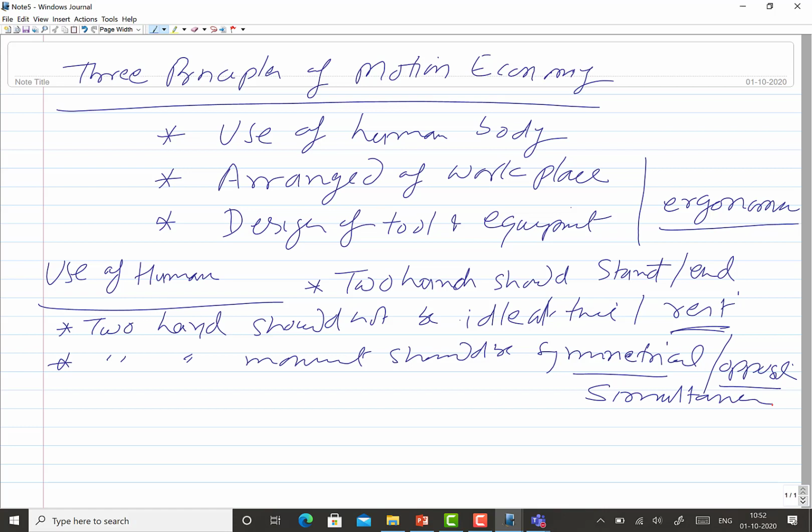Then hand and body motion should be made using the lowest classification. This needs a little clarification. What should the body motion be made using, the lowest classification?